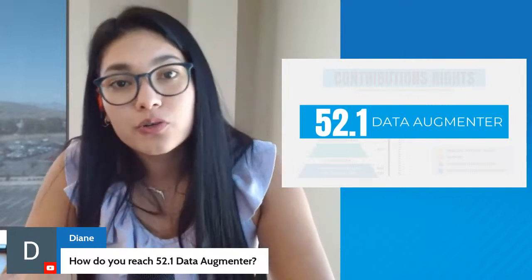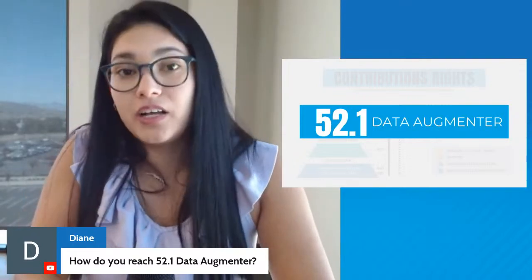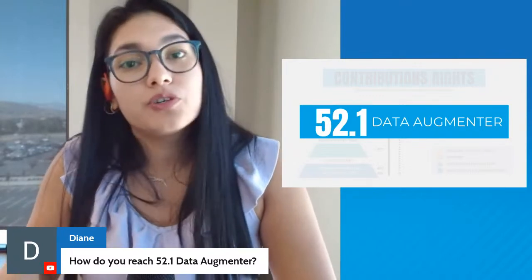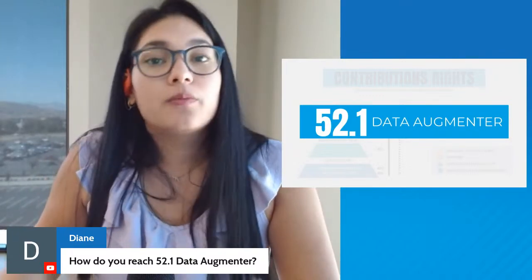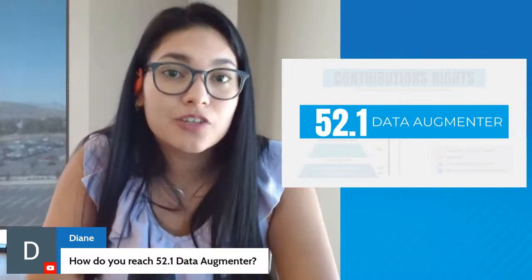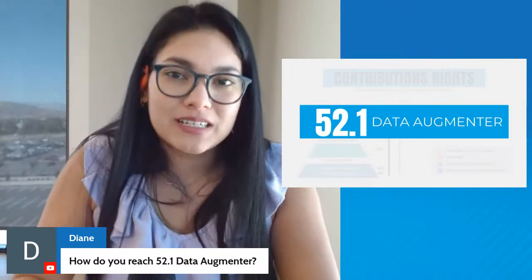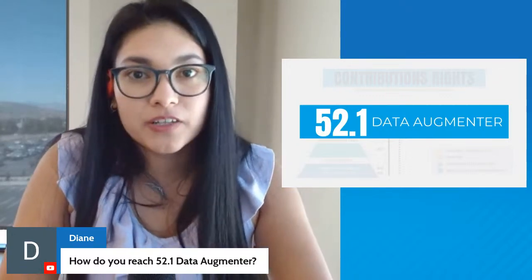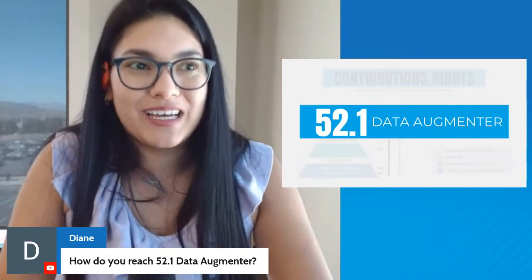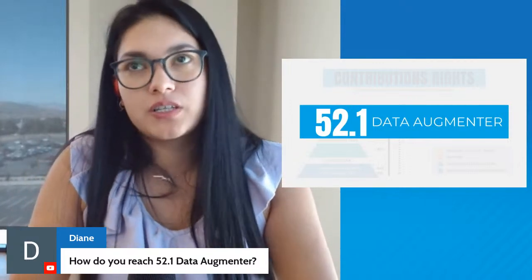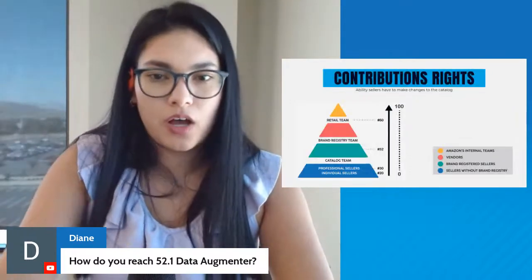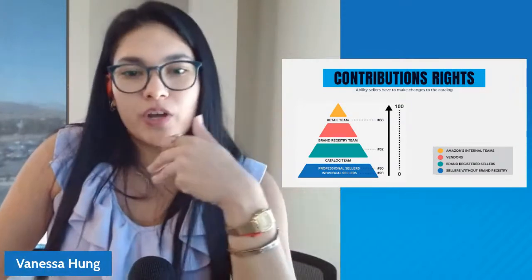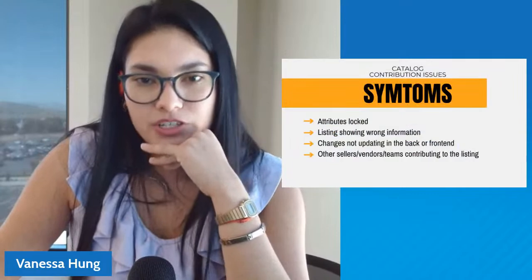Seller support can tell you, if you properly ask, whether the contribution comes from a seller, from a vendor, or from an internal team. If it is an internal team, most of the time it's the data augmenter, unless it is the retail team, which is the higher team on top of vendor. We're going to talk about how you can reach them.